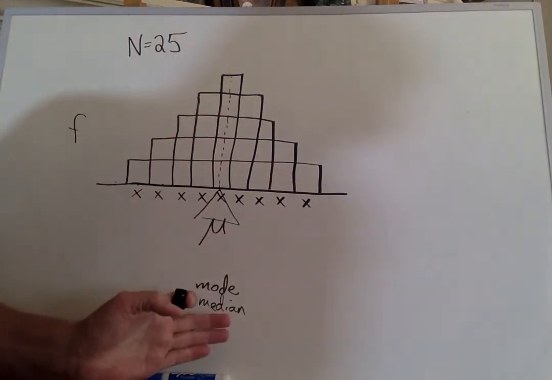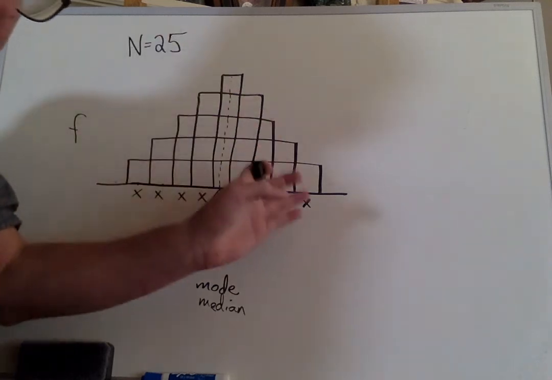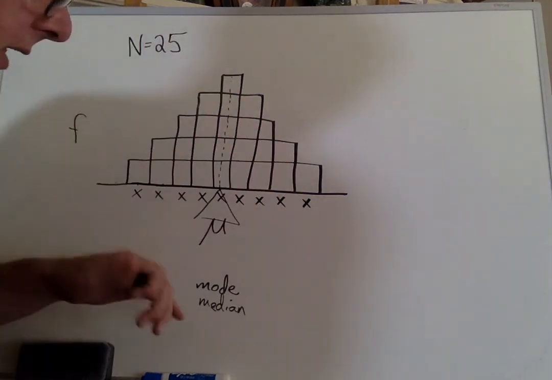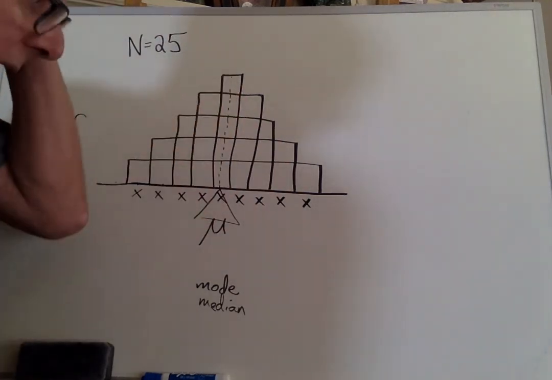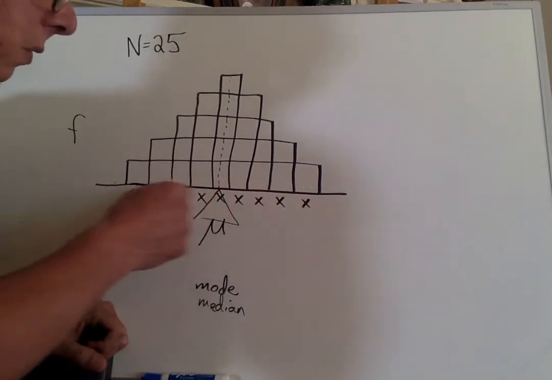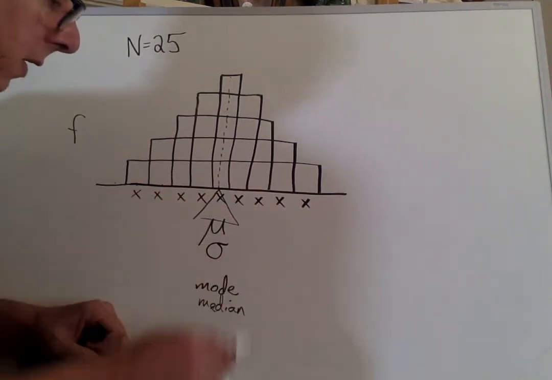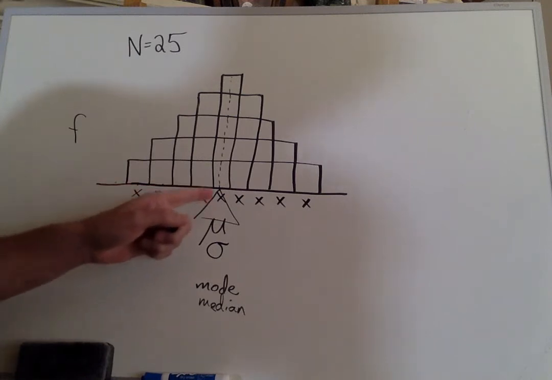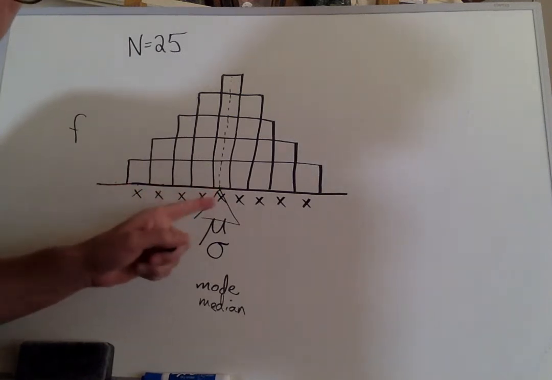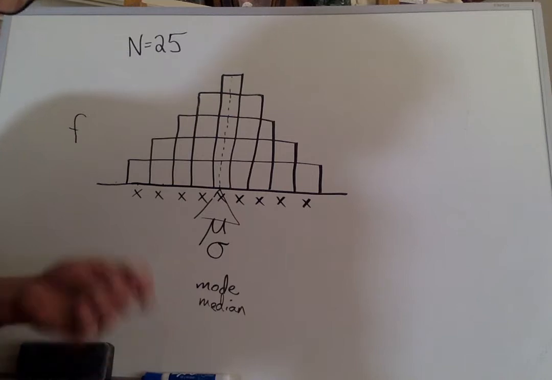Just like any of these symmetrical curves that approximate normality, mean, median, and mode are at the same spot. Of course, we know that there's some variability here, that is, not all of the blocks have this value. Okay? So good to go.